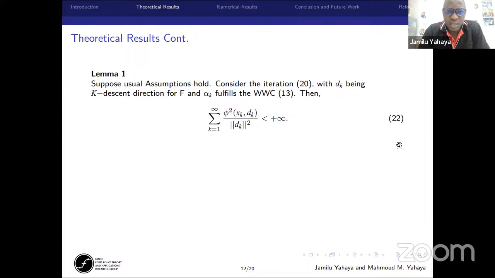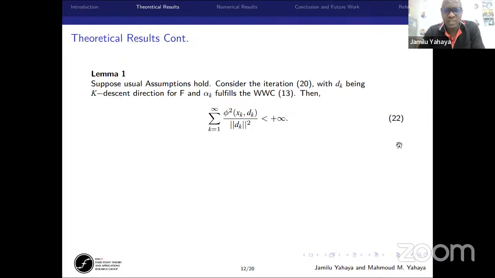This particular lemma talks about what is called the Zoutendijk condition. It says that, suppose the usual assumptions hold, and we consider the iteration 20 as described by my colleague, with dk being a descent direction for f, not necessarily sufficient descent, and alpha k fulfilling some Wolfe line search.